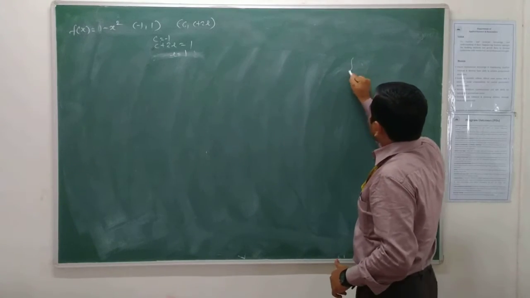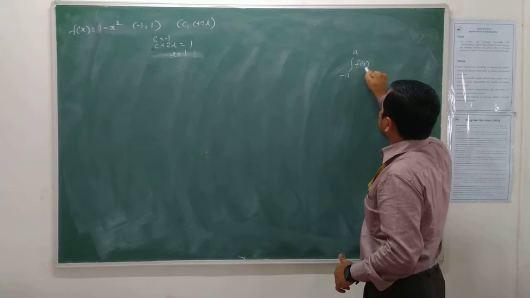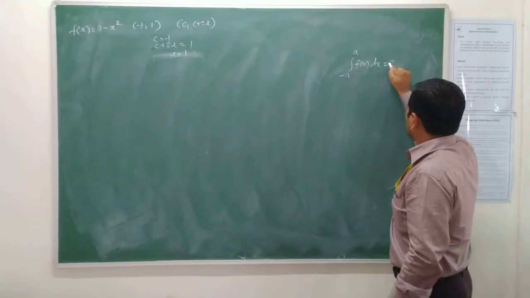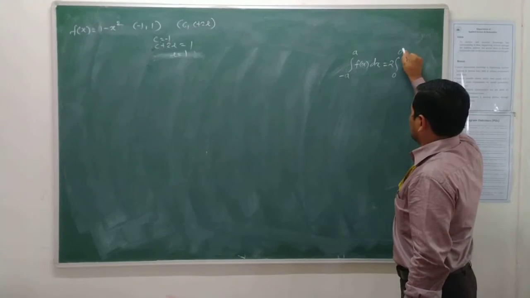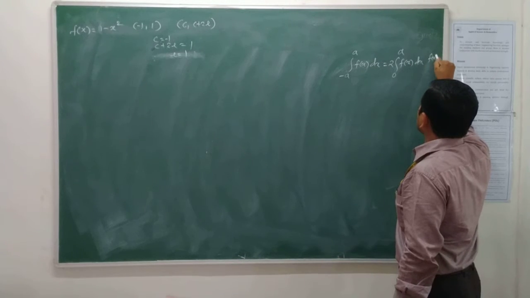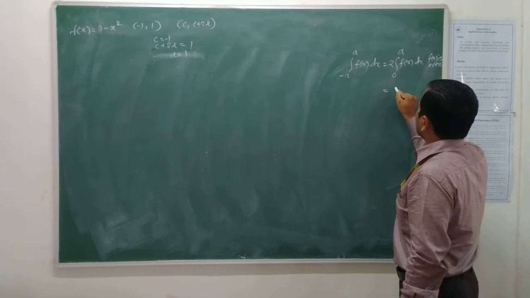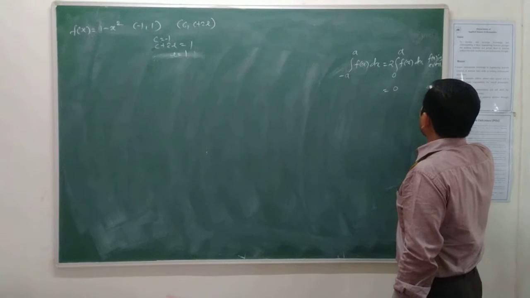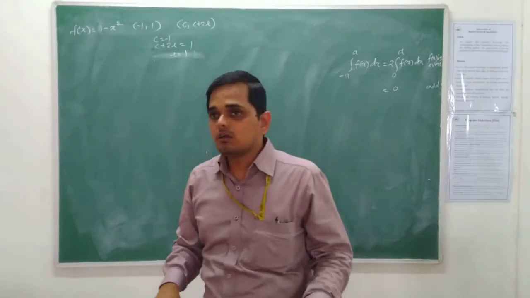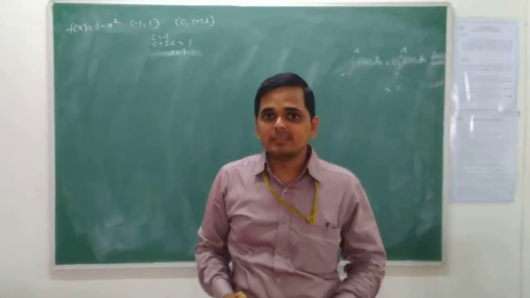If I am going to integrate from minus a to a of a function f of x dx, then this will be 2 times integration from 0 to a of f of x dx if f of x is even, and it is equal to 0 if f of x is an odd function. So with the help of this, solving a problem based on minus a to a becomes quite easy.